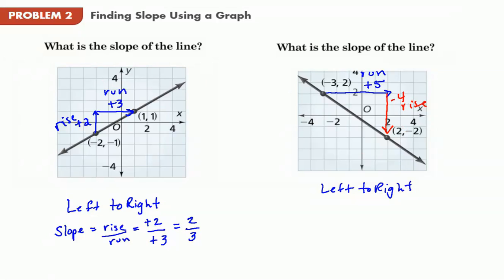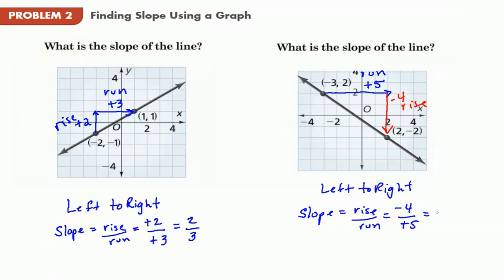So now if we do our slope, our slope is rise over run. Our rise is going to be -4. Our run is going to be +5. Keep only one sign.